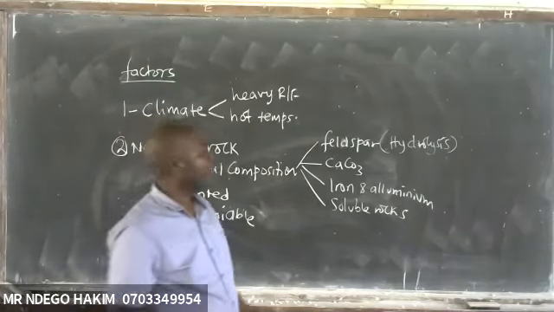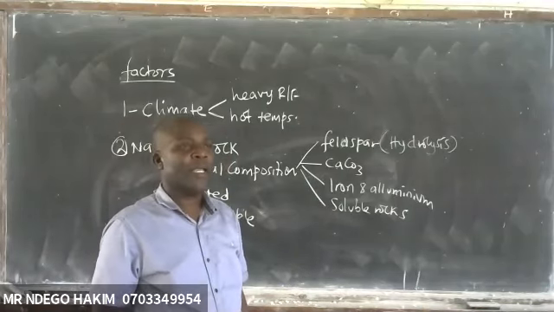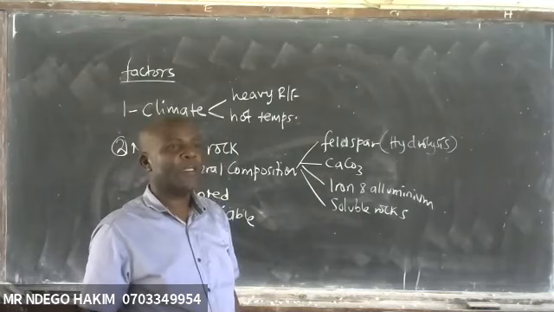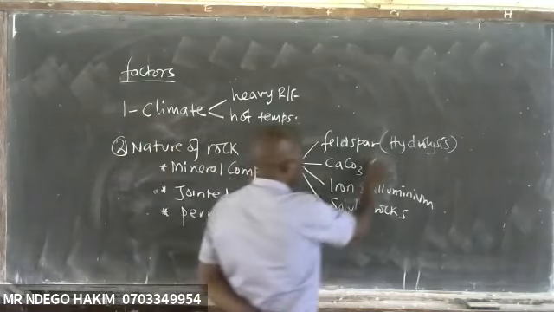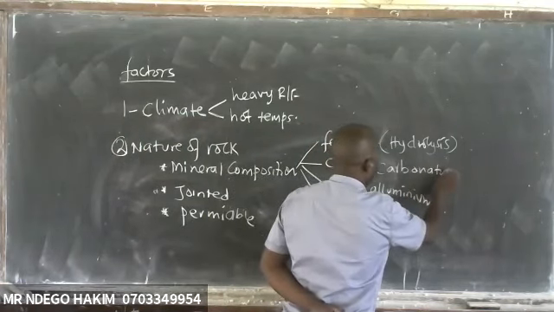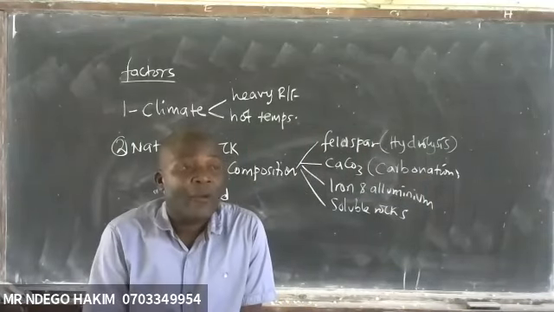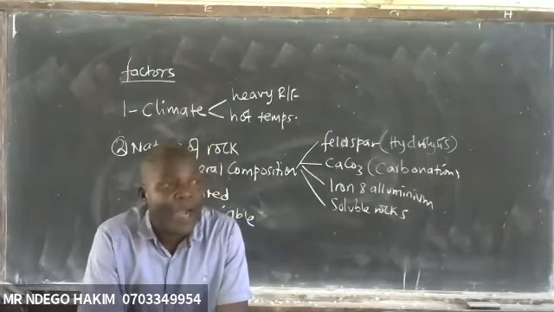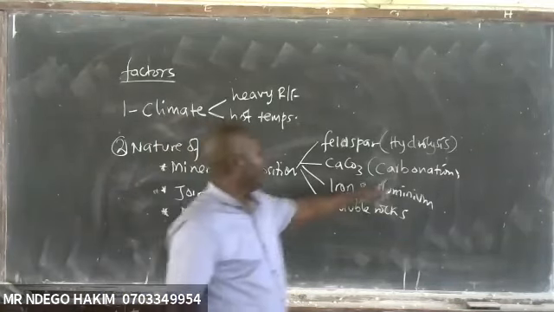Then you say those which contain calcium carbonate, like limestone rock, can easily be weathered through the process of carbonation. I'm not just saying rocks containing calcium carbonate are easily weathered chemically, I'm saying through the process of carbonation.